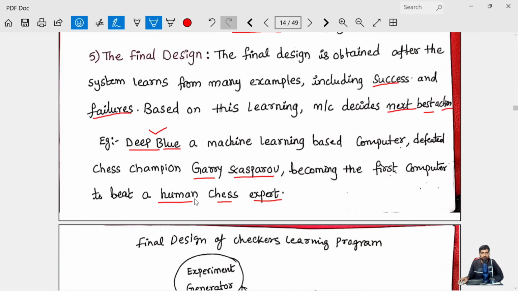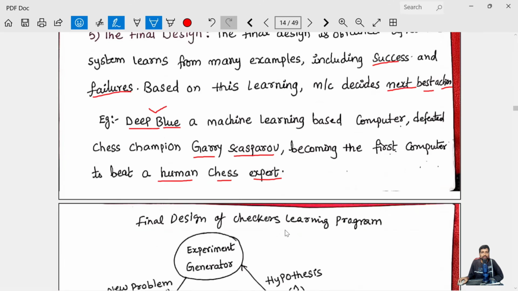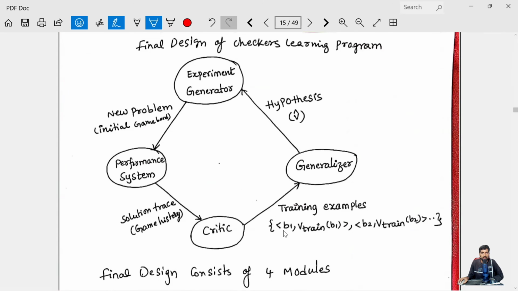In the final design of the checkers learning algorithm, there are four steps. The first is the performance system, the second is the critic, the third is the generalizer, and the fourth is the experiment generator. The performance system starts with a new problem.